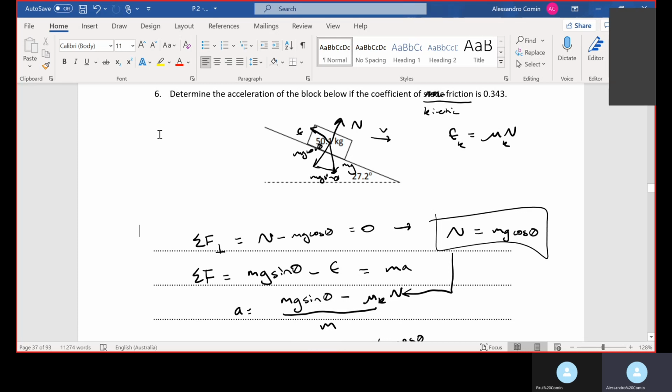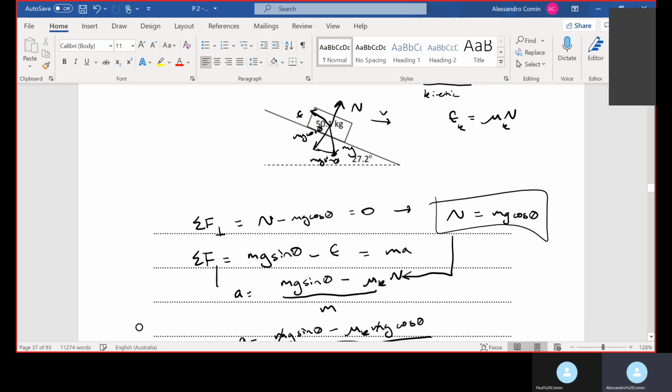The second step is to calculate sigma F perpendicular and sigma F parallel. Remember, sigma F perpendicular is just force up minus force down, and sigma F parallel is just force down the slope minus force up the slope, or force up minus force down, you choose.